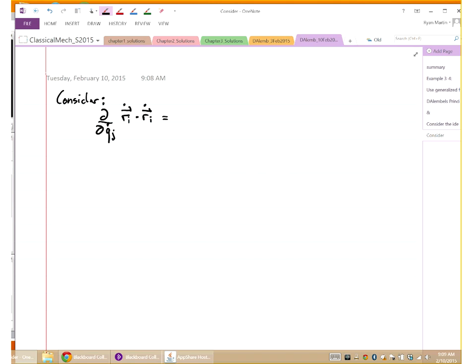I just apply the product rule, right? This is a scalar product of two vectors, and I want to do ∂/∂q̇_j of that. So it's going to be ∂/∂q̇_j of ṙ_i dotted with ṙ_i, plus ṙ_i dotted with ∂ṙ_i/∂q̇_j.